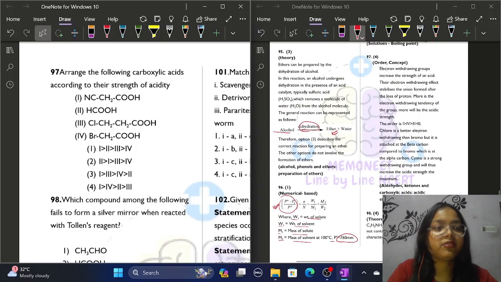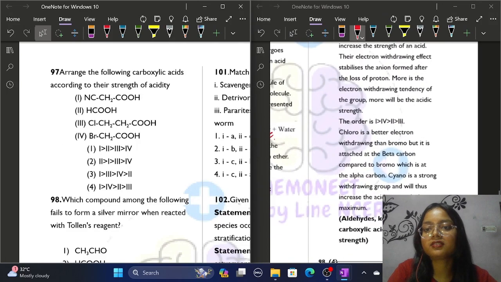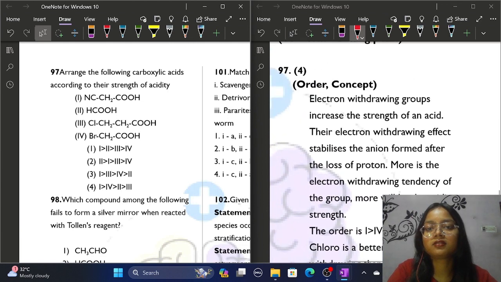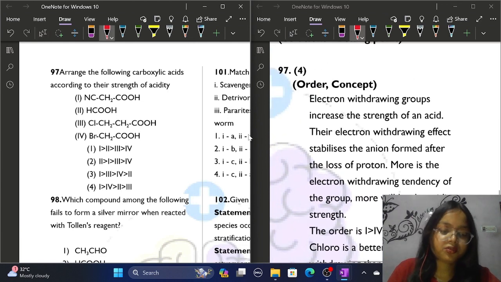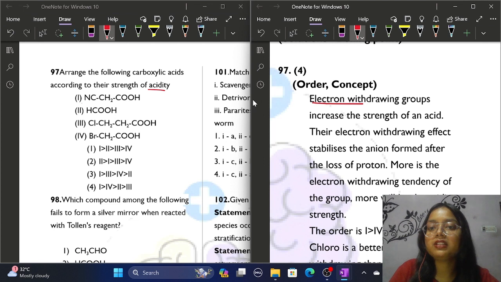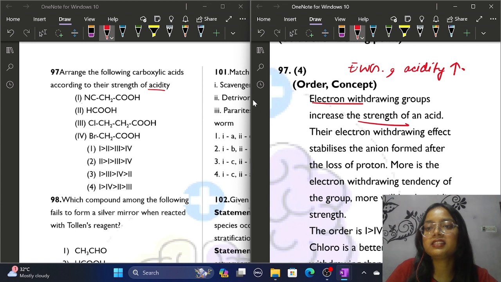The next question, question number 97. Arrange the following carboxylic acids according to their strength of acidity. Here the electron withdrawing group will increase the strength of the acid. So we know that if an electron withdrawing group is present, it will increase the acidity.